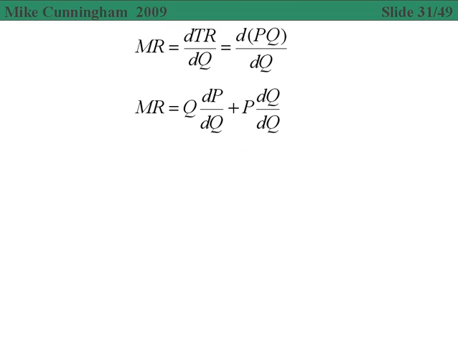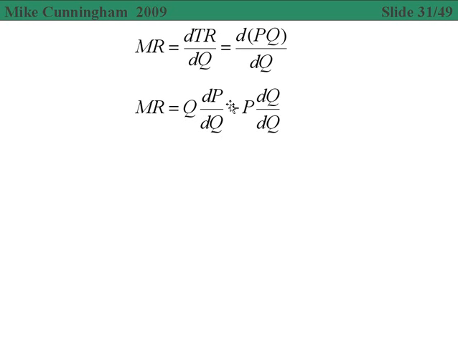Now let's just start manipulating this to see where we can get to. For a start, we've got this relationship here, and if you've got that relationship, that's called a product. And if you differentiate a product, you have to use the product rule in the calculus.